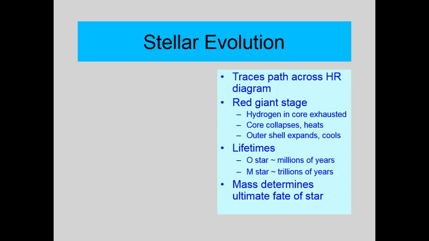Now, hang on to that. We don't know where to go. Let's give the lifetimes again. The O stars, which are the hottest stars, millions of years in the main sequence. The M stars, which are the very coolest ones, those are the trillions of years. We're right in the middle with the, what were we?